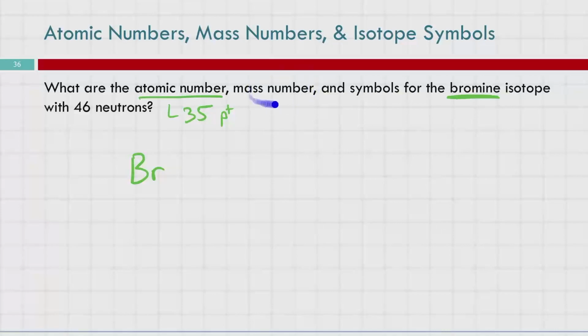The mass number is the number of protons plus the number of neutrons. So our mass number, which is A, is going to be our 35 protons plus our 46 neutrons. That's going to give us 81.